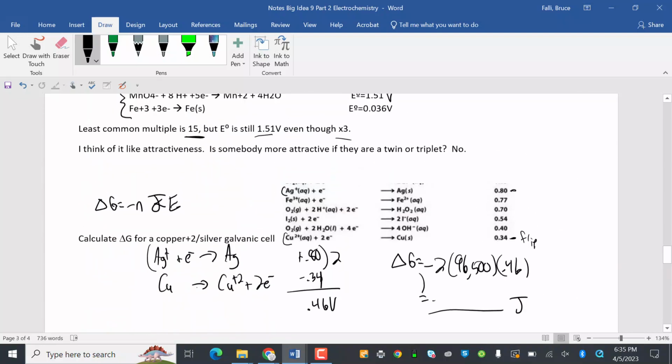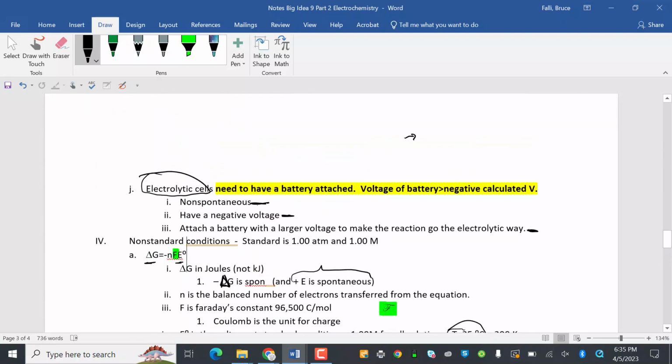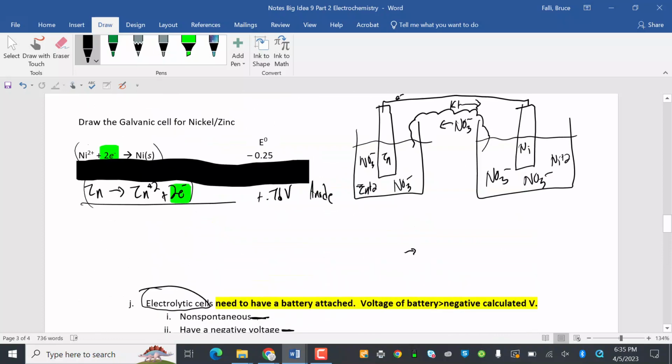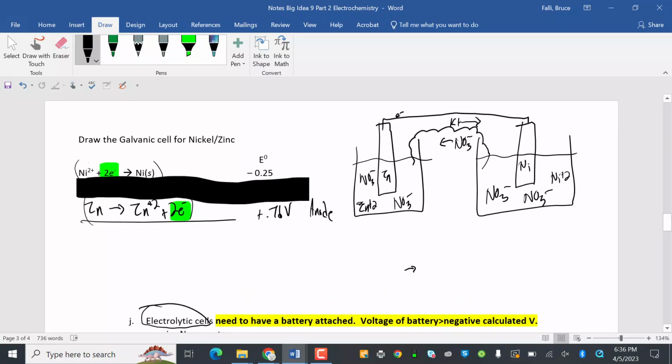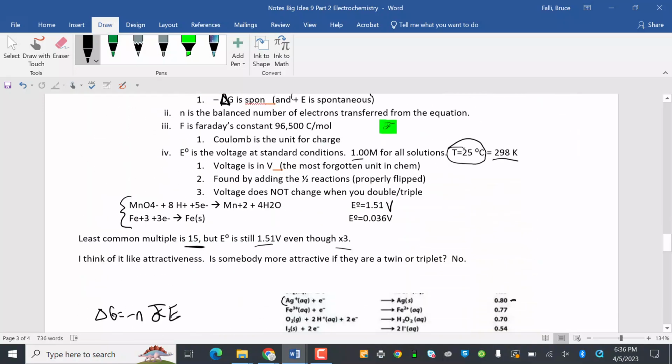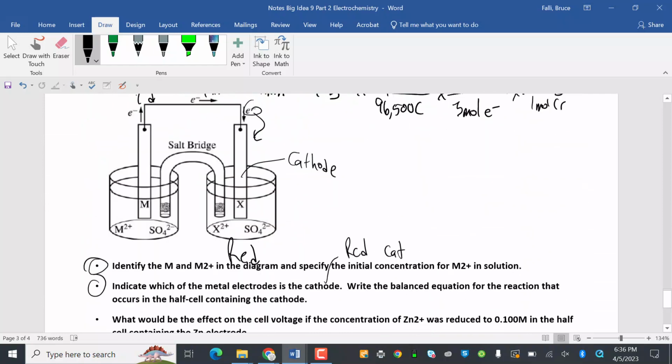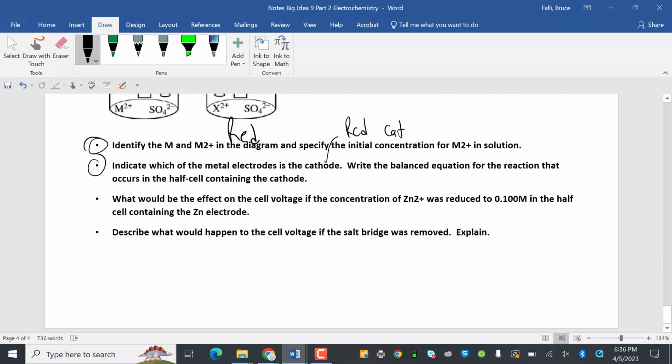Was it zinc and silver? Where did it go? No. I did it. I know I did. Zinc and nickel, okay? So we said that, which one did we flip? We said the zinc was oxidized, right? Yes. So zinc is oxidized. So, you know what? We'll just do this when we get the real numbers.